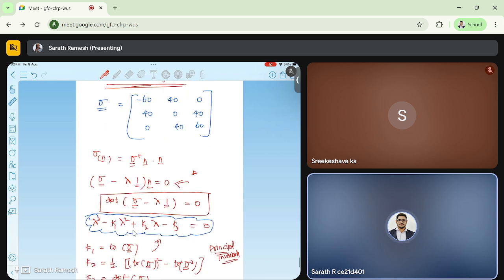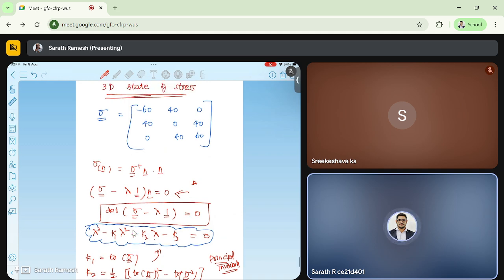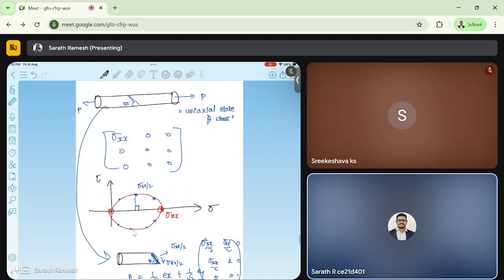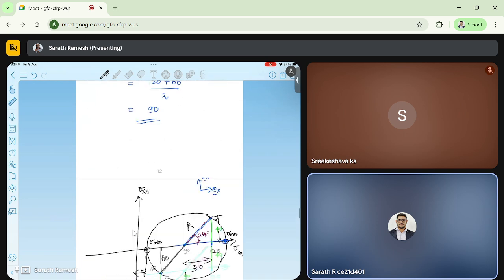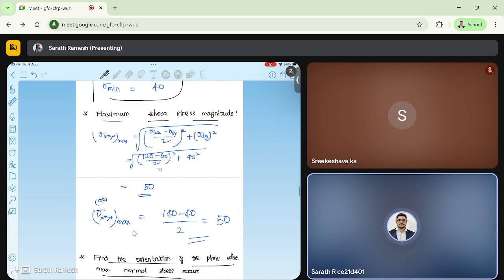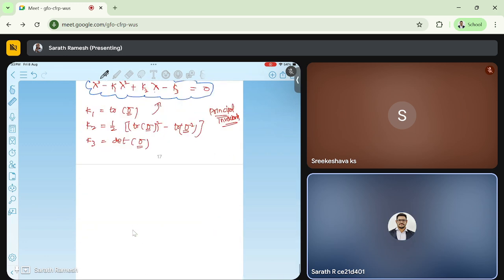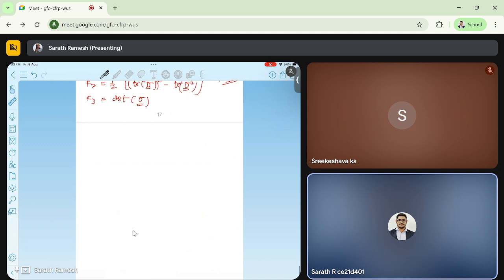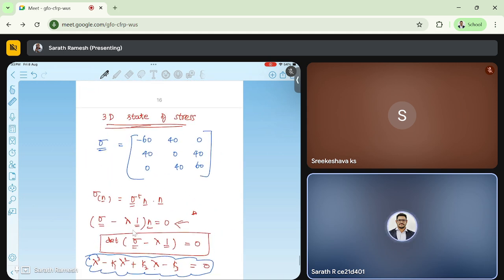Now let's move forward. The question we have been given is a stress tensor, problem number 5, the last problem.